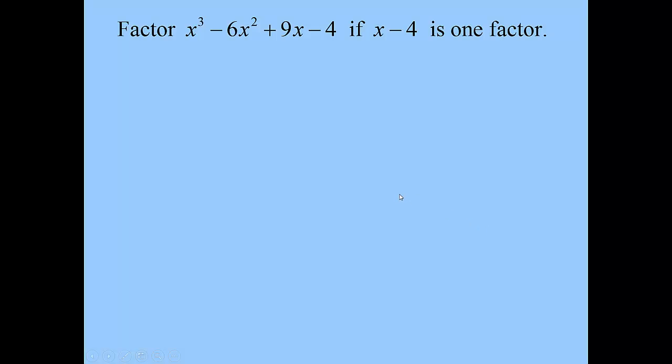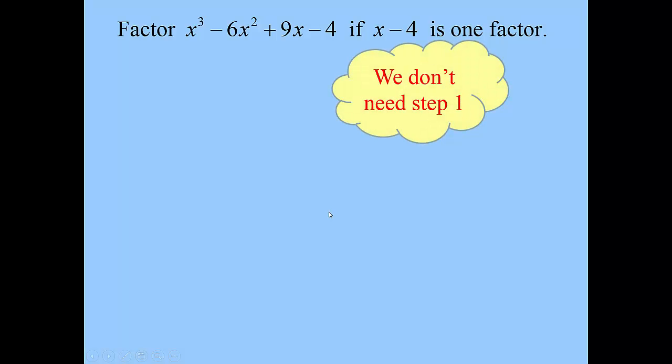Here's a third degree polynomial. The question is, if x minus 4 is one factor, what are the others? And so, since we know x minus 4 is a factor, we will do synthetic division. And again, we better come up with the 0 at the end because they said it was.